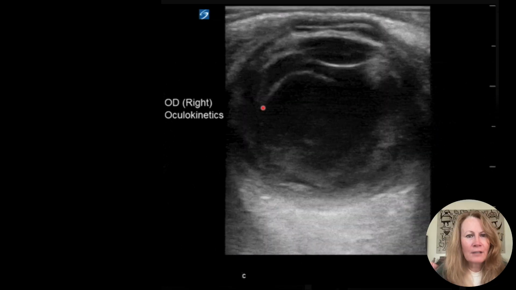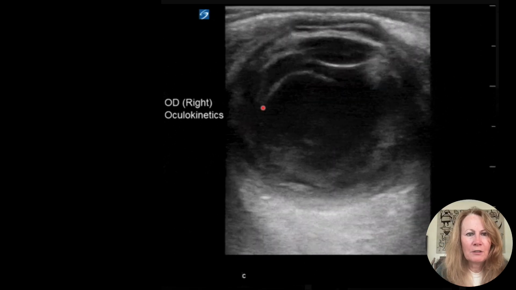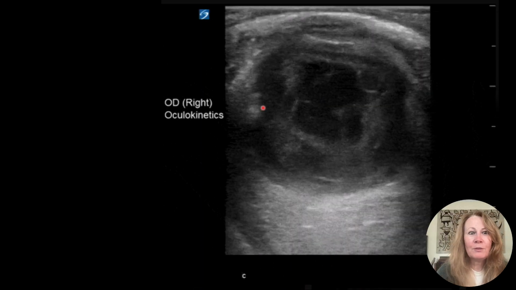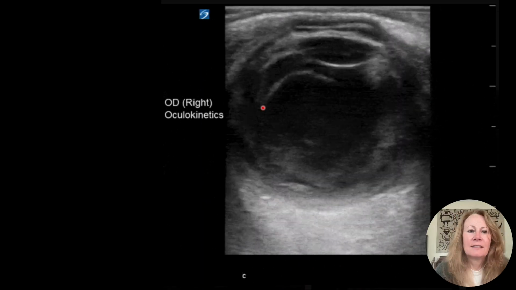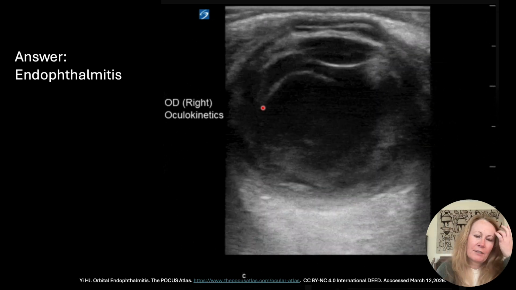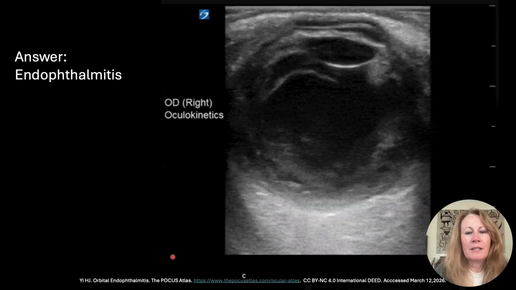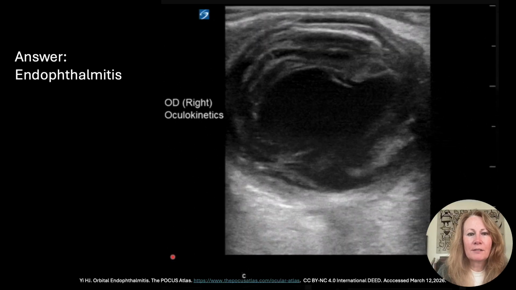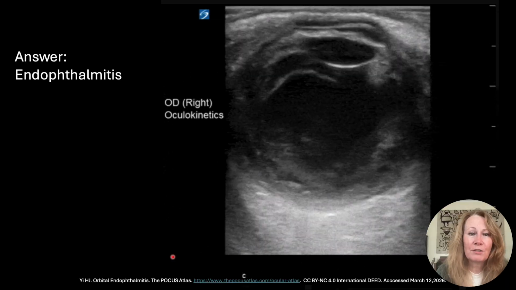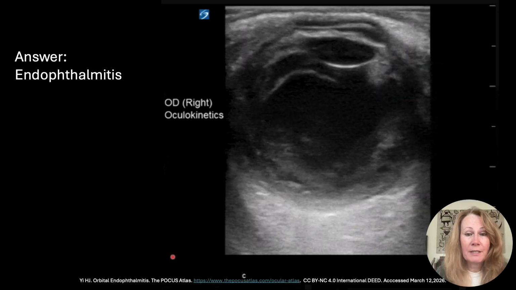They appear, again, to move with the wall of the eye and not swirling independently with movement. So what do we think this is? It's endophthalmitis, which is an infection of the globe of the eye. And if it's endophthalmitis, it means that it was spread systemically from a systemic infection, which fits with our picture of endocarditis resulting in endophthalmitis.